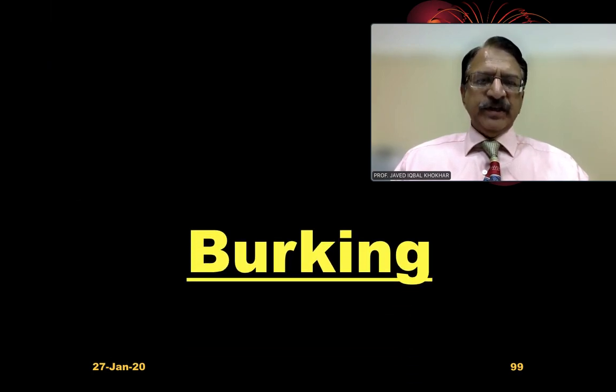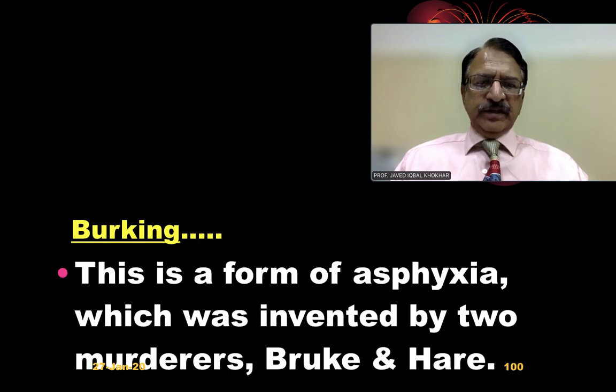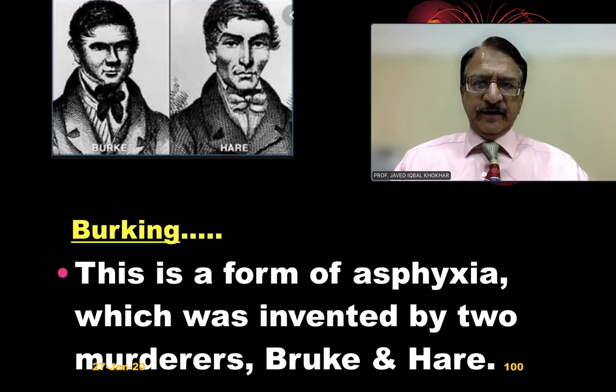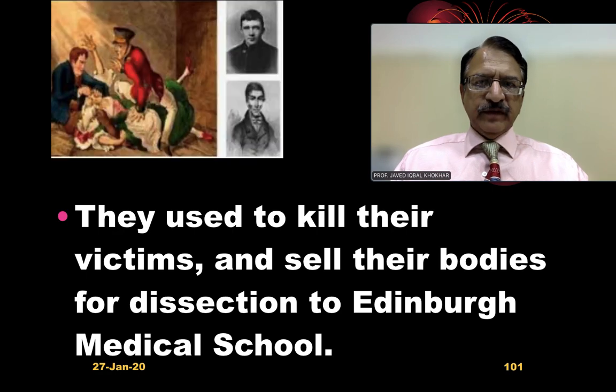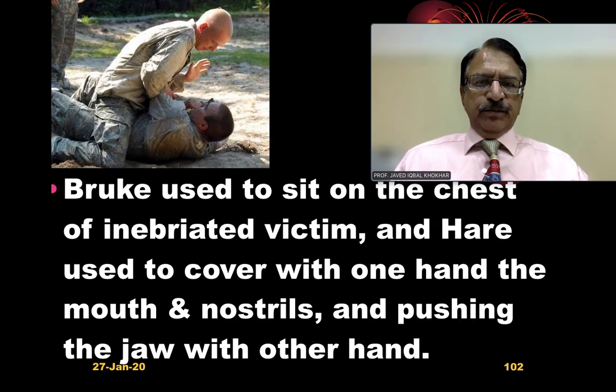Now burking. What is burking? This is a form of asphyxia which was invented by two murderers, Burke and Hare. They used to kill their victims and sell their bodies for dissection to the Edinburgh Medical School. Burke used to sit on the chest of an inebriated, drunken victim, and Hare used to cover the mouth and nostrils with one hand while pushing the jaw with the other hand.